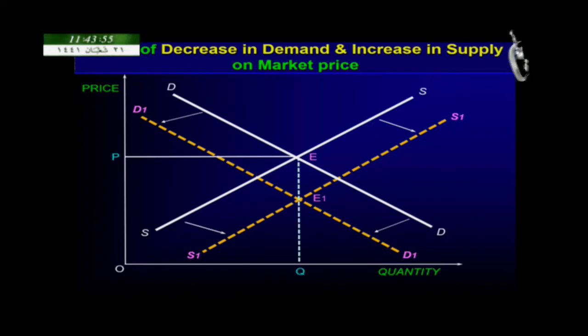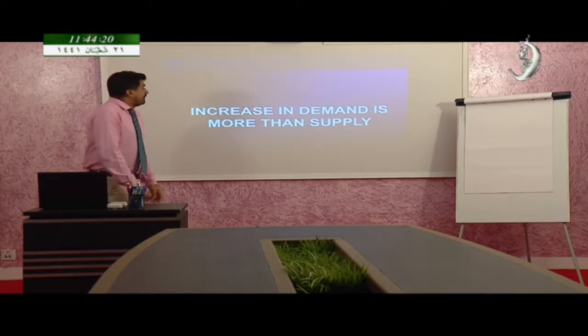So we get the new equilibrium point here, E1. What is the impact? Just look at the diagram: the market price decreased and the market quantity remains the same.